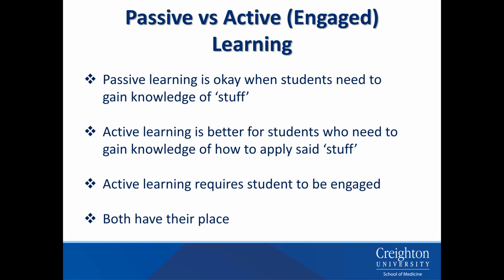Both passive and active learning have their place. At the level our students are at the School of Medicine, our students already know much of the foundational knowledge that they need to apply that information to becoming doctors. So while they do both have their place in medical school, there's very little passive learning that needs to occur.